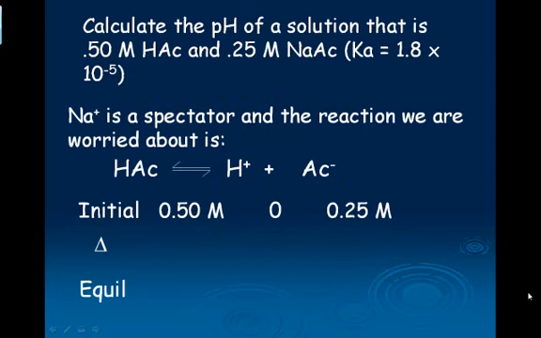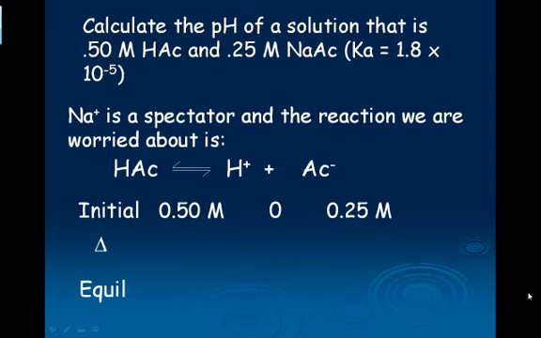So here's an example of a buffer. Calculate the pH of a solution that is 0.5 molar acetic acid and 0.25 molar sodium acetate. So you have your weak acid and then you have the salt of the weak acid. Now sodium is a spectator ion, and so that species just drops out of our reaction. So what we're worried about here is the weak acid equilibrium.